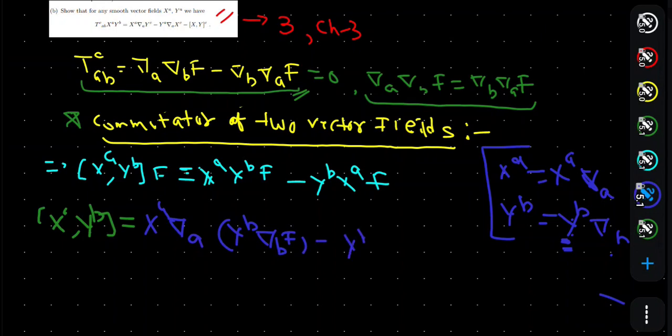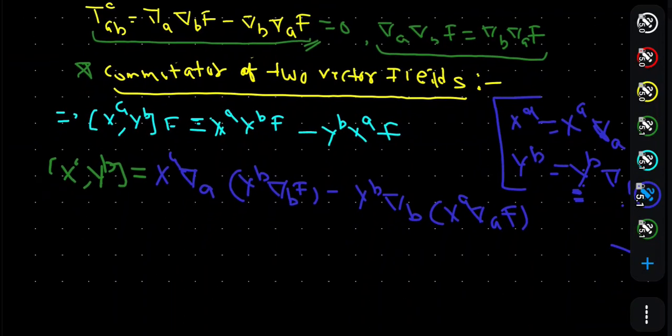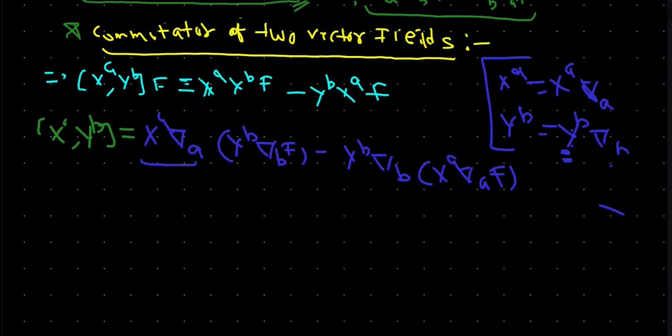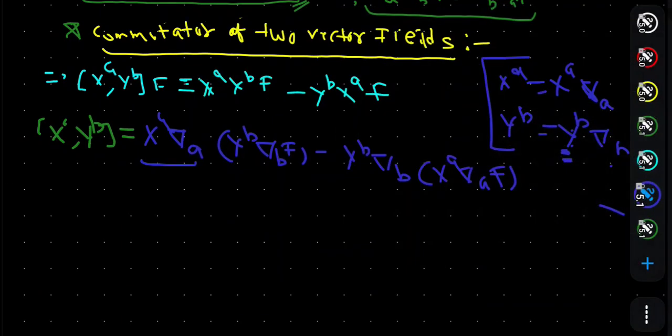Similarly for the other, y^b nabla_b and here in brackets x^a nabla_a. Okay, so we have written this. Now I will try to expand it. First of all, this will act on this, then this will act on this function. Similarly this is the case for this particular part.